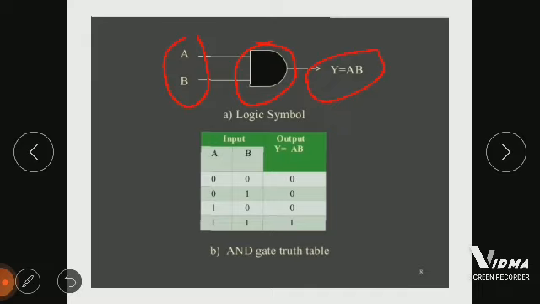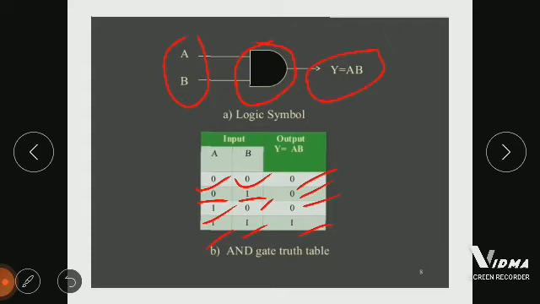If we apply a = 0 and b = 0, then 0 times 0 will be 0. In the same way, when a is 0 and b is 1, then 0 times 1 will again be 0. Then when a is 1 and b is 0, then 1 times 0 will be 0. And the last one, a is 1 and b is 1, then the output will be 1. So this is the truth table for our AND operation.